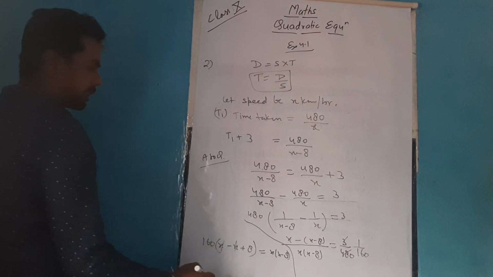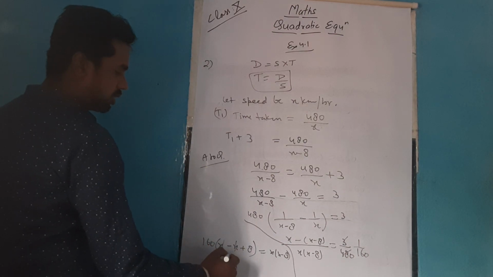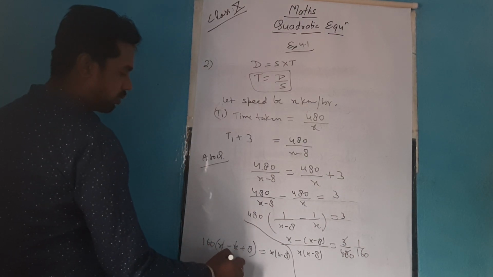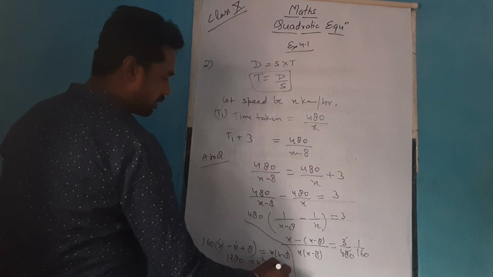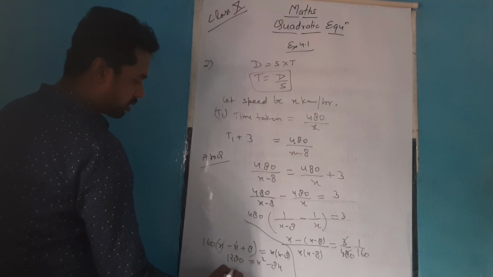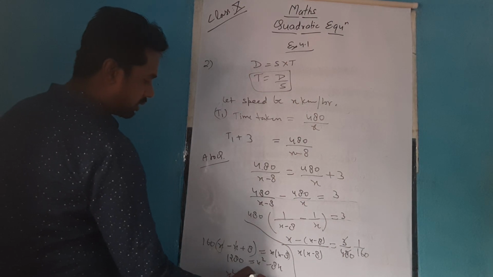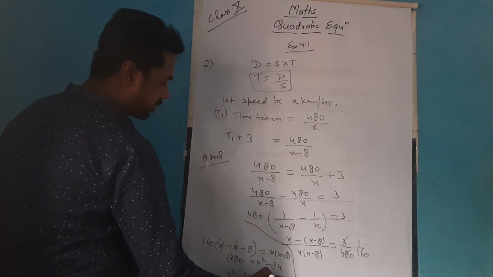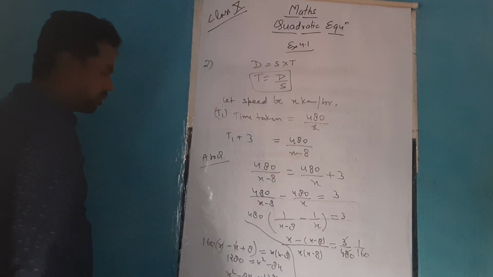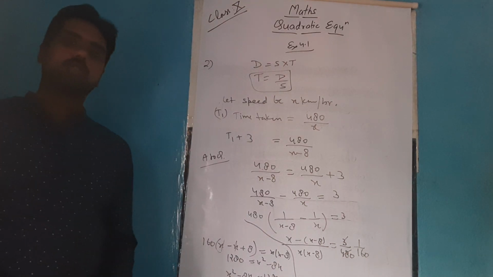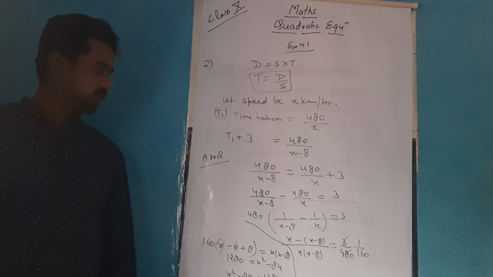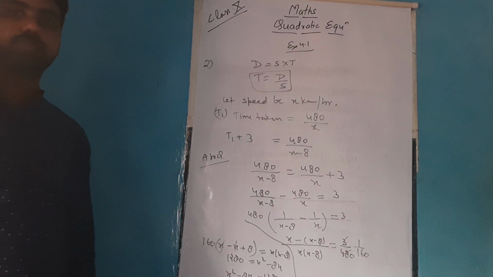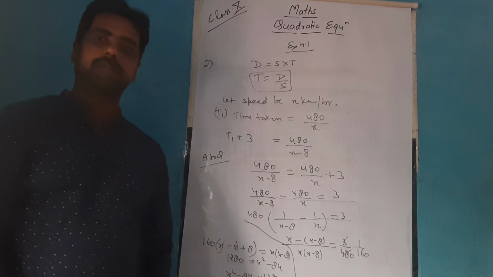Now this x cancels. 160 into 8 is 1280, and x square minus 8x. So the equation becomes x square minus 8x minus 1280 equals 0. So the equation is x square minus 8x minus 1280 equals 0. I hope this is clear.